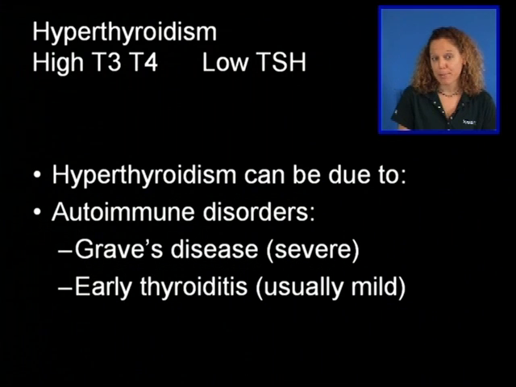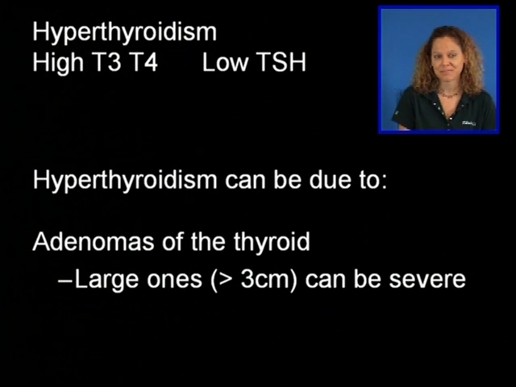In the case of hyperthyroidism with high T3 and T4 levels and low TSH, it can be due to autoimmune disorders such as Graves' disease, which can be severe hyperthyroidism, or early thyroiditis, which is usually a more mild case of hyperthyroidism. Hyperthyroidism can also be due to adenomas of the thyroid.